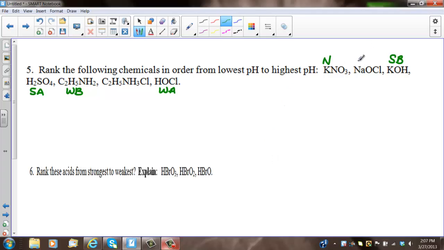So even though it's the salt of a weak acid, it's going to be slightly basic in solution. And the C2H5NH3 comes from a weak base, but the Cl comes from a strong acid. So even though it's a salt, it's going to be slightly acidic in solution. So now we have to do a little bit of looking at some Kas to figure out where exactly things fall into place.